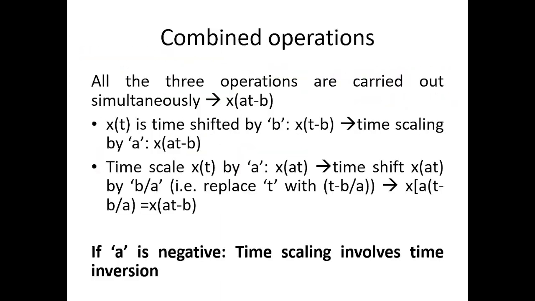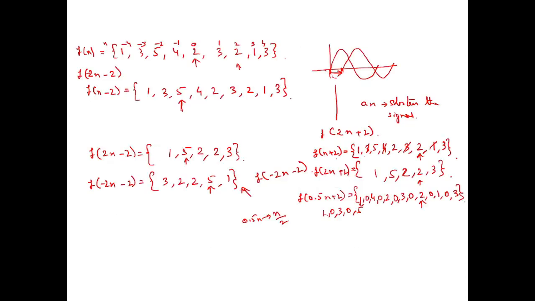Now we will go for the combined operation, where we may have an operation like x of at minus b. How to do this? Say for example, we have to calculate f of minus 2n minus 2.